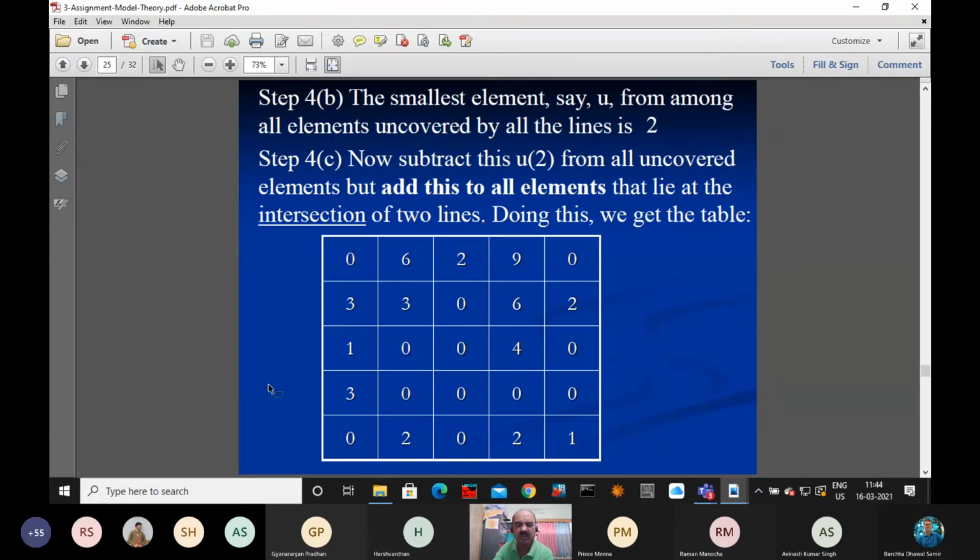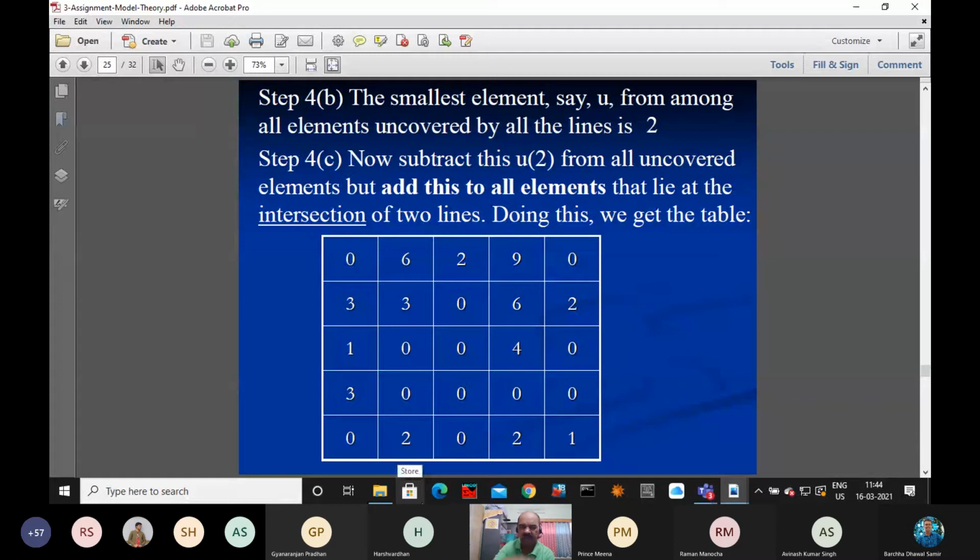So this 4 is becoming 6, 0 is becoming 2, and 7 is becoming 9. These are the intersections of the horizontal and vertical lines. Wherever there is an intersection, whatever amount you subtracted from the uncovered elements, you add there. So these are the new elements, 6 to 9, and the rest remain as they are.